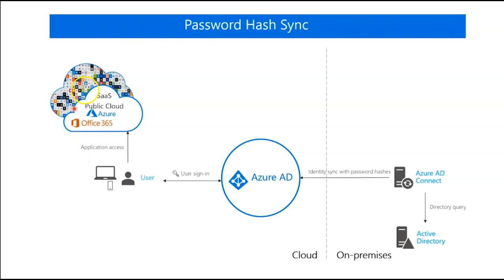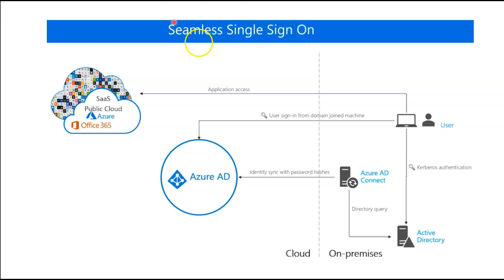Now, you should combine password hash sync with a complementary feature called seamless single sign-on. Seamless single sign-on allows users to automatically sign in to Azure AD if they are on their corporate devices connected to the corporate network. Seamlessly, they can access any of the cloud resources or cloud applications without entering any passwords.